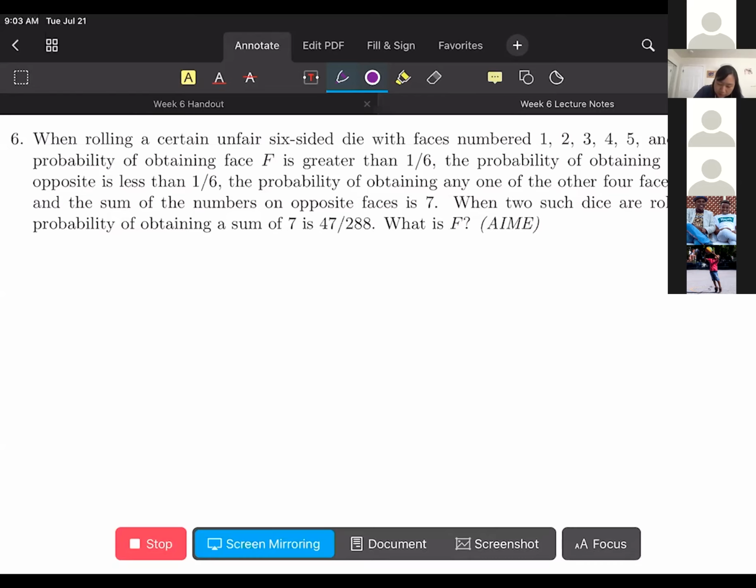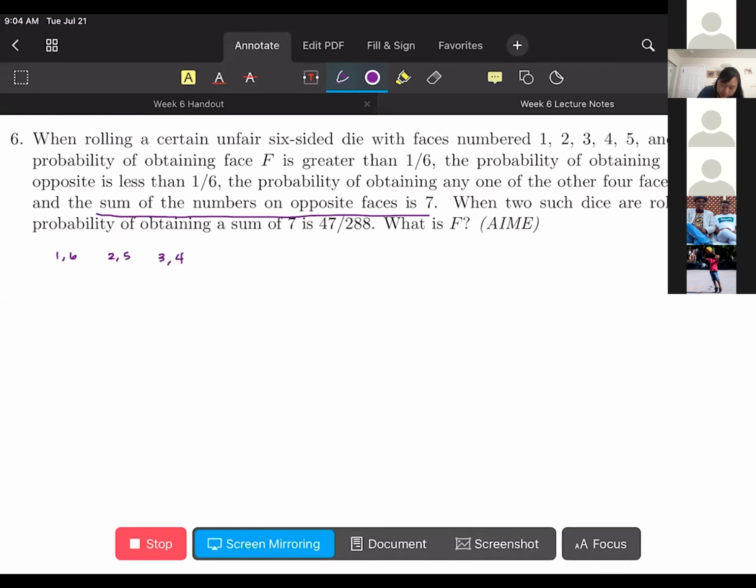Yeah, so there's a couple of pieces of this. We know that in this die, the sum of the numbers on opposite faces is 7. So there's 3 ways we could get 7: 1 and 6, 2 and 5, and 3 and 4. And then we know that for some face F, it doesn't tell us which, but we could say without loss of generality, maybe it's face 1.